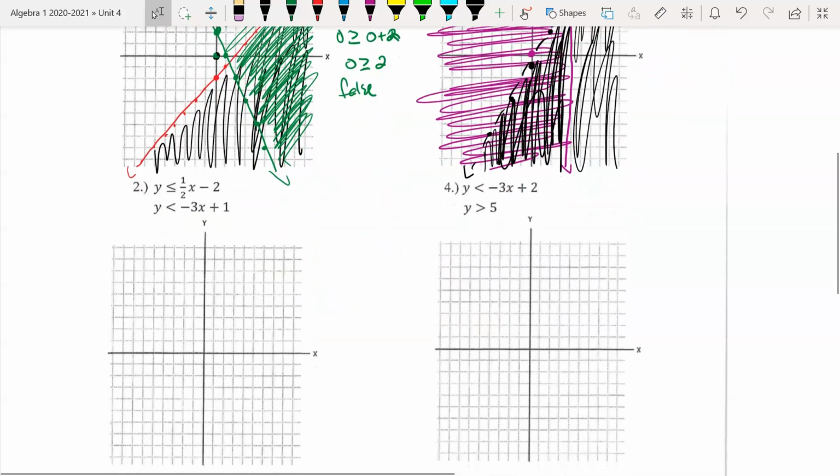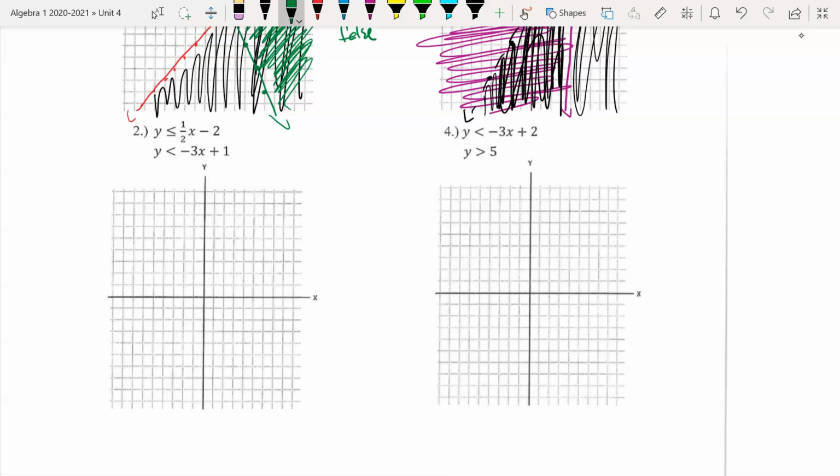Number 3, I know this is number 2, but we're doing number 3. Start at -2, go up 1, right 2, up 1, right 2, or I can go down 1, left 2. It's a solid line. I'm going to shade below it because it's less than or equal to.